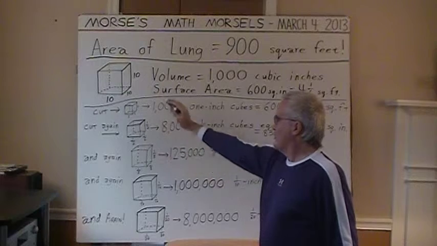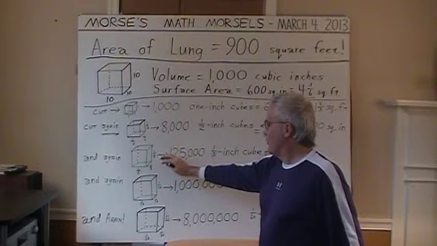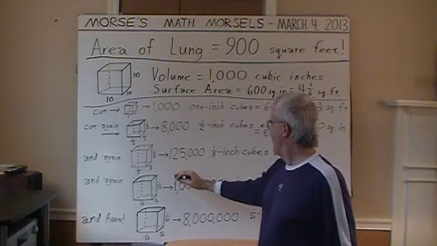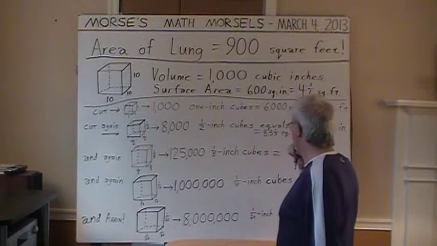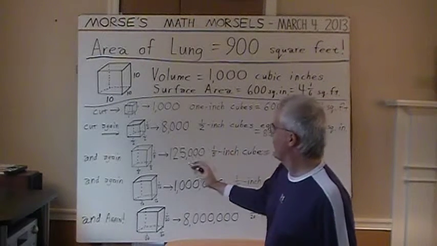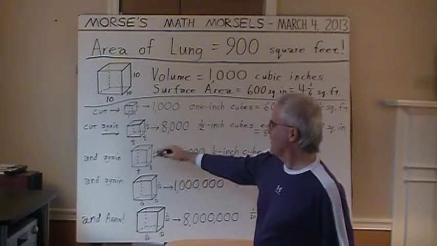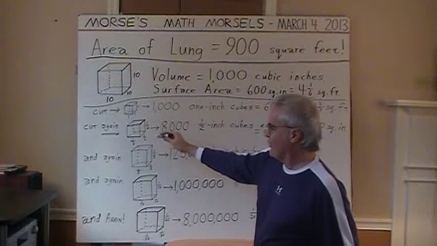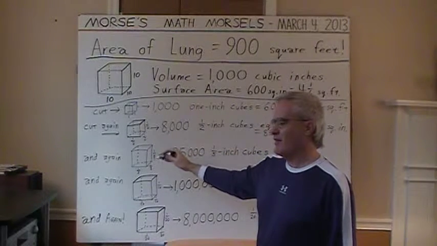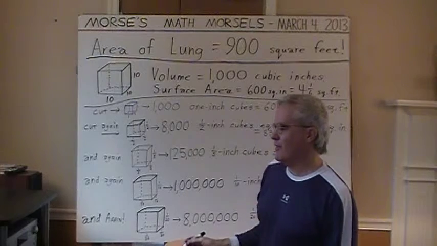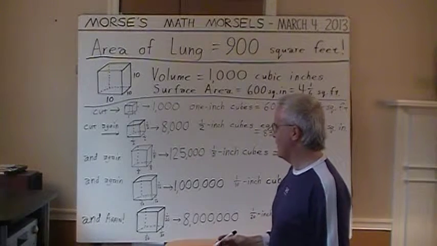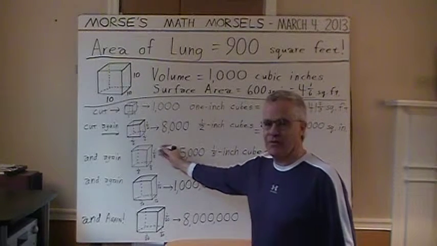Let's cut the large cube 10 by 10 by 10 into 1/5 inch cubes. And the surface area of each of those tiny little 1/5 inch cubes is only 1/5 times 1/5, that's 1/25, and then times those 6 faces is only 6/25 of a square inch per tiny 1/5 inch cube.